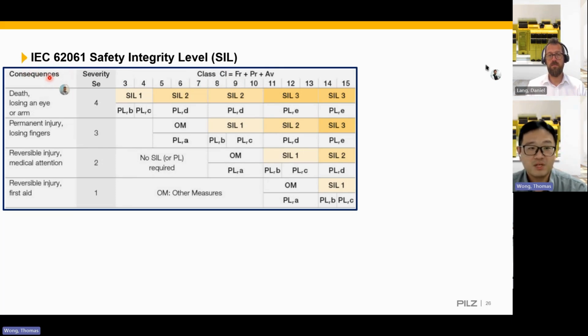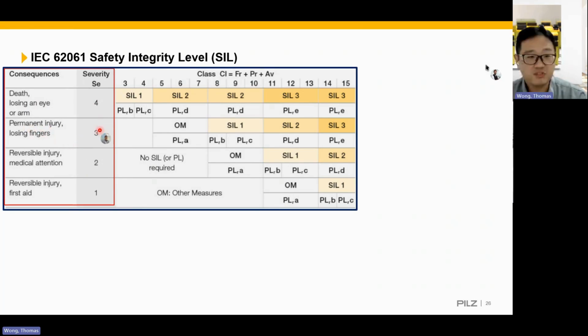For consequences, death, losing an eye or arm, is severity 4. Permanent injury of losing a finger is severity 3, reversible injury needing medical attention is 2, and reversible injury with just first aid is 1.